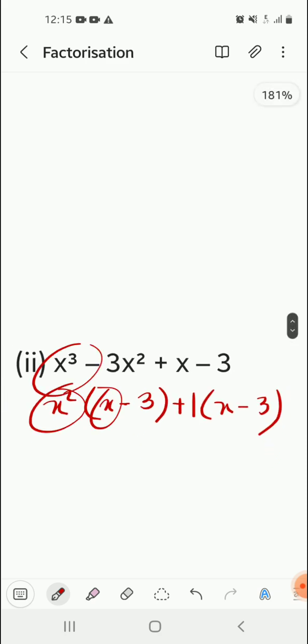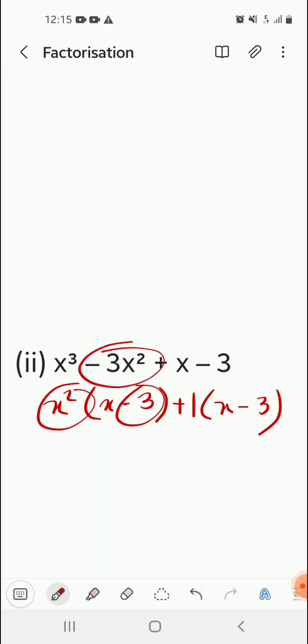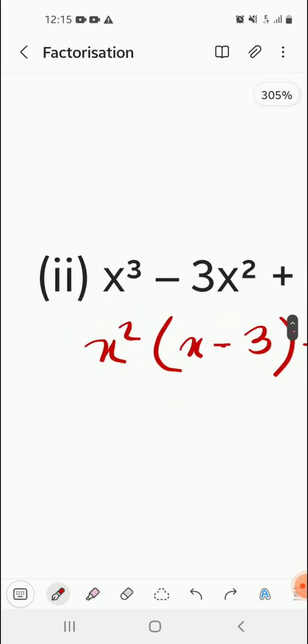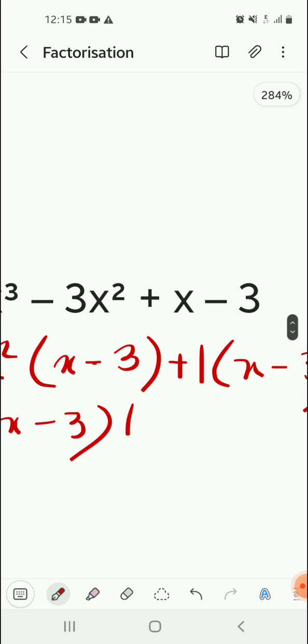See, x square into x is x cube. x square into minus 3 is minus 3x square. Plus 1 into x is plus x. And plus 1 into minus 3 is minus 3. So x minus 3 is common factor. And x square plus 1 is another common factor.